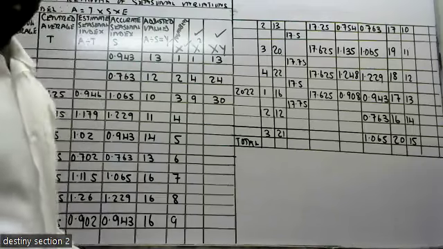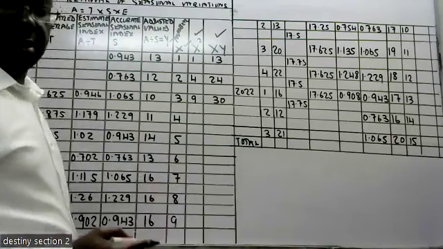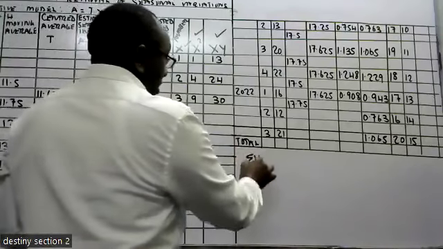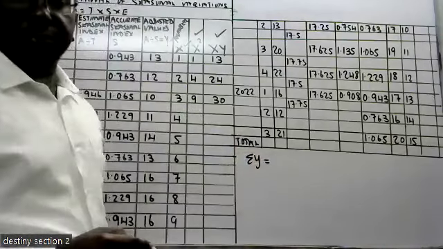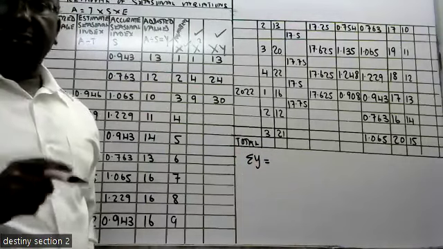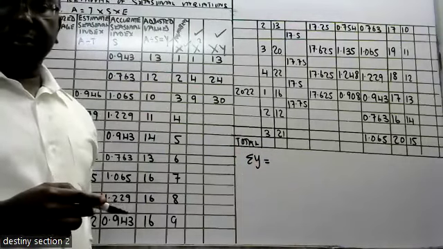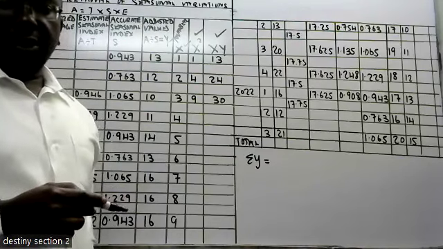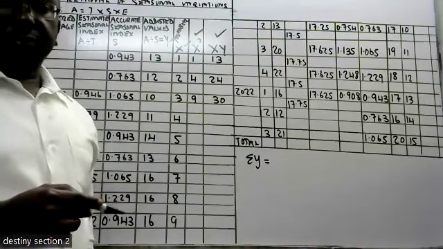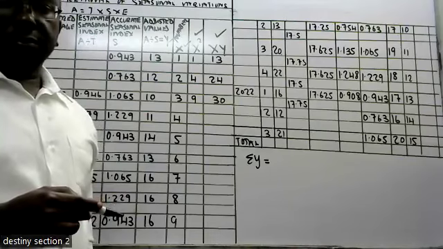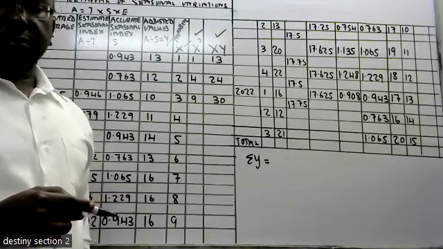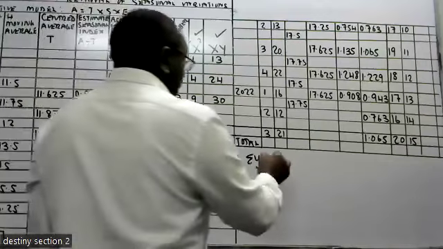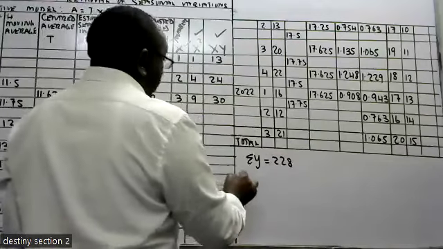So let me now get the values. Ya kwanza, sum of y, column y umepata tuko ya, waiting for the total. $228. The next one is sum of x.